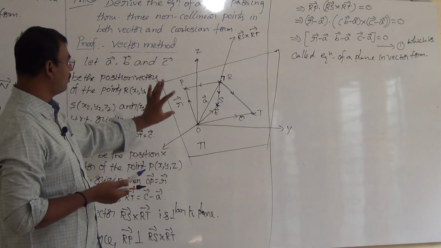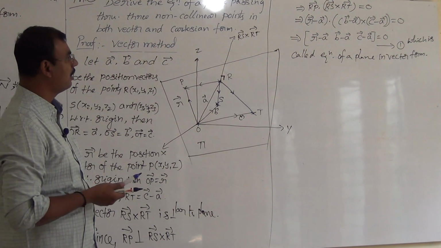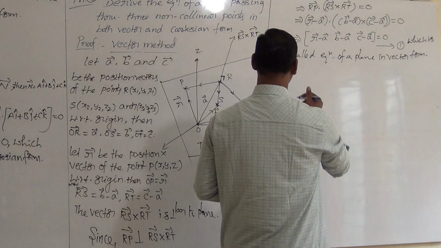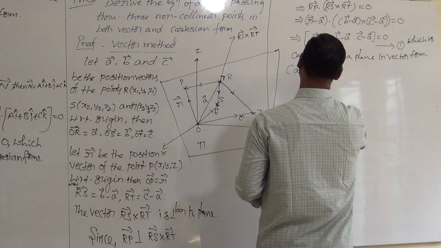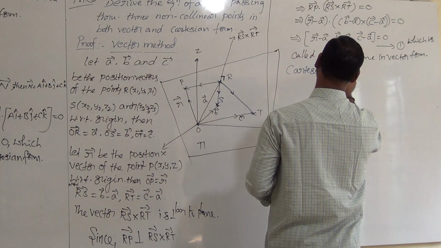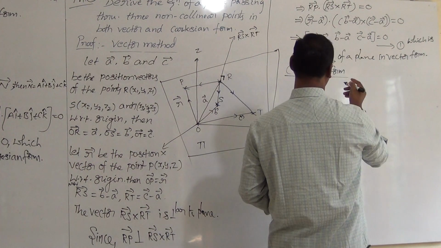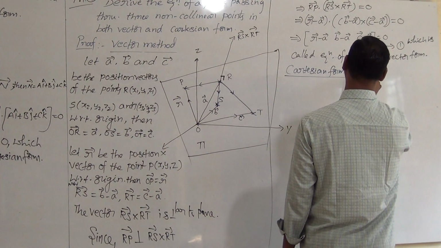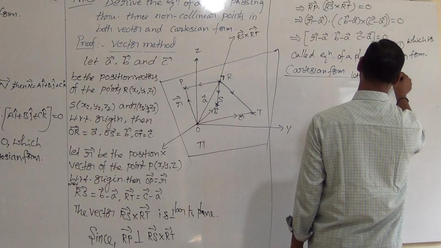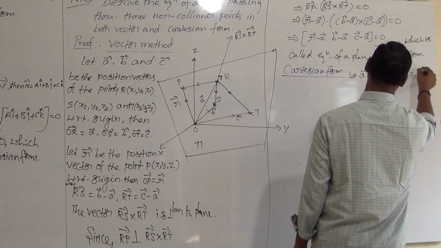From this we have to derive the equation of a plane passing through three non-collinear points in Cartesian method. So what is the Cartesian method? Simply, this is very easy, but the formula is very important, Cartesian form. Let us take A bar, B bar, C bar. Let A bar be x1i plus y1j plus z1k.